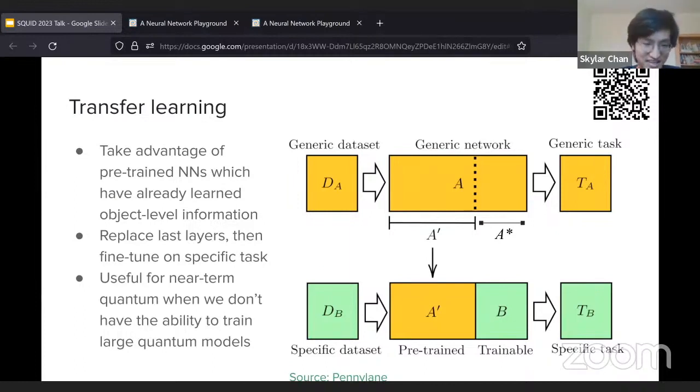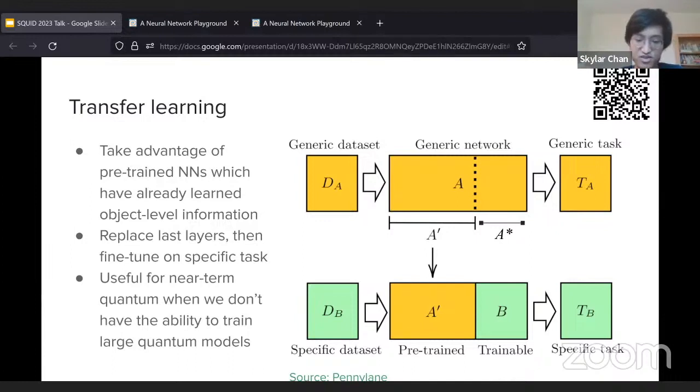So in order to adapt this network to a specific task, we're going to replace the last trainable layer of a generic network with our own trainable layer. What this is doing is using the pre-trained model as a feature extractor.